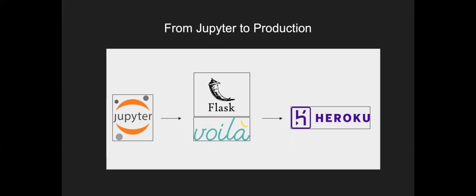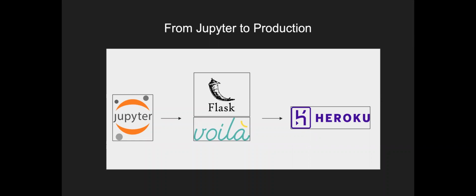There are different libraries that can help data scientists do this, for example Flask and also Voilà. Voilà is a library that can be used to convert notebooks into a standalone interactive web dashboard application, and you can deploy these applications to Heroku for free.